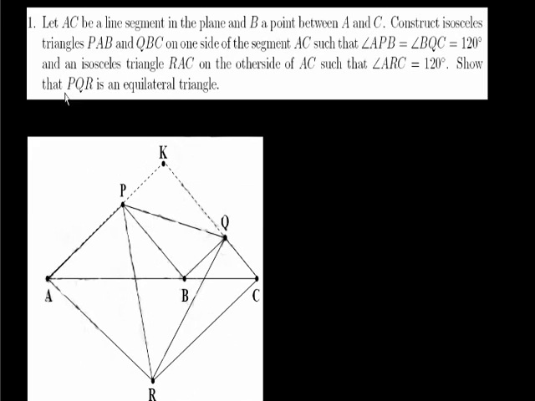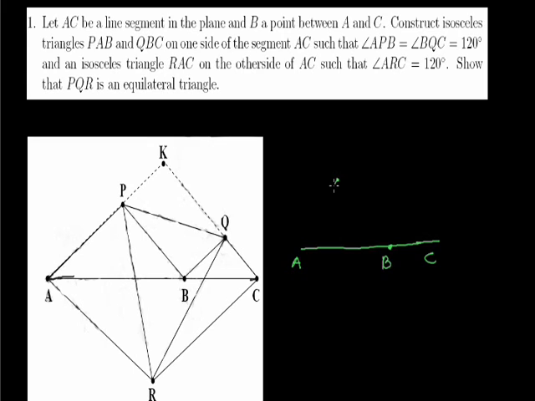Now it is saying that let AC be a line segment. This is my line segment AC which I have already drawn. Now B is a point anywhere, that is I'll be marking like this, between A and C. Now construct an isosceles triangle PAB.